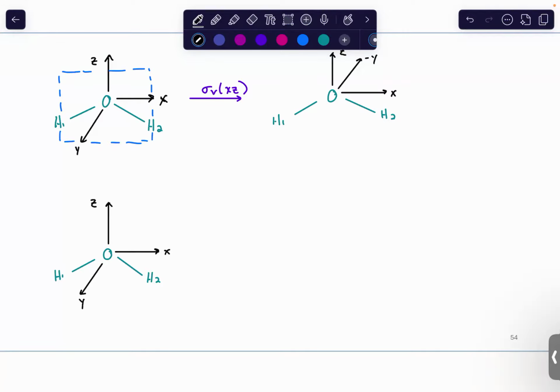Okay, so now we know that the sigma v prime is going to be the YZ plane.